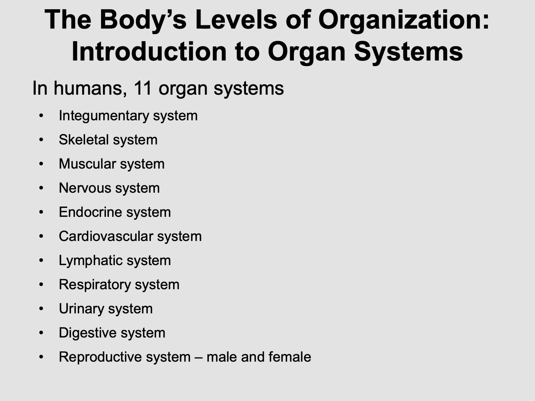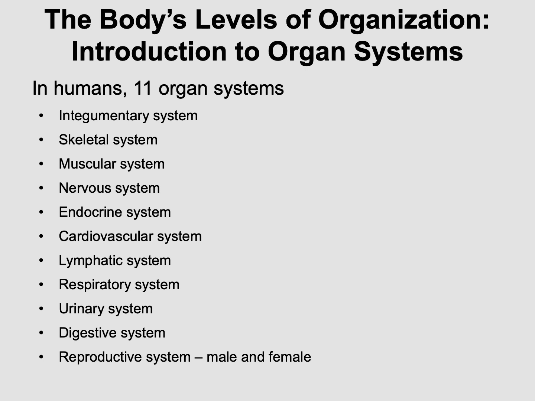The next organ system we'll study is the skeletal system, followed by the muscular. The skeletal system is basically the bones. The muscular system is in the name, muscles. The next one is the nervous system, so nervous tissue.